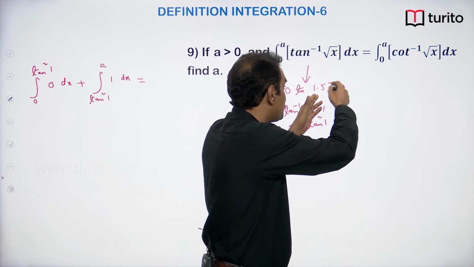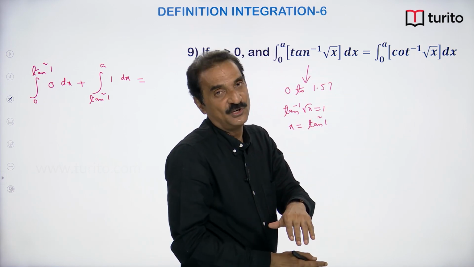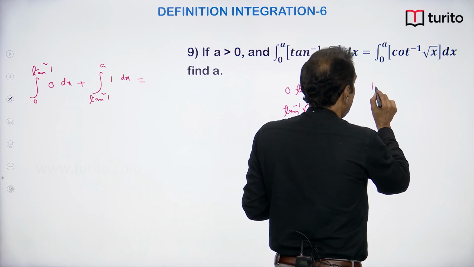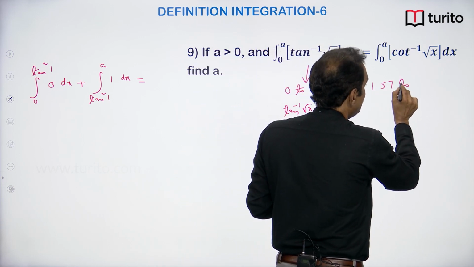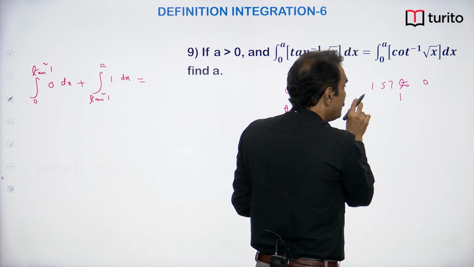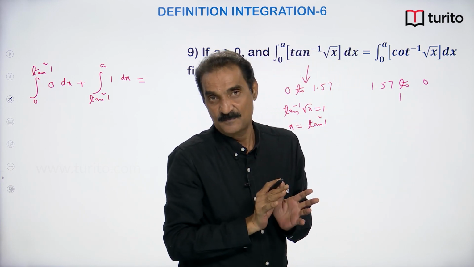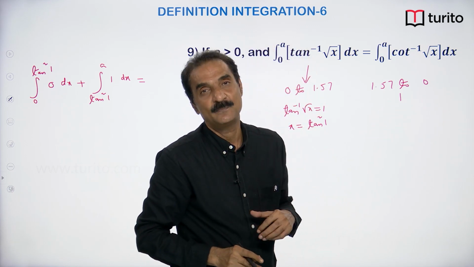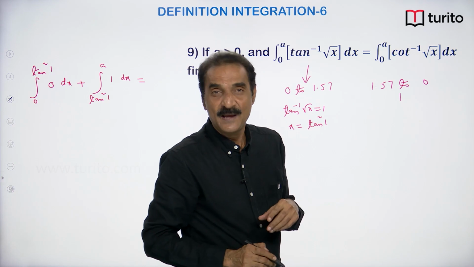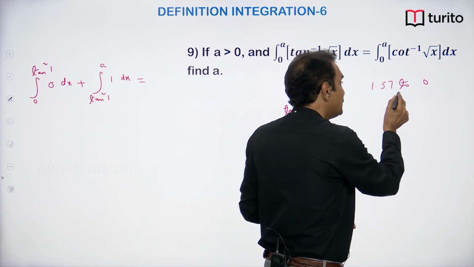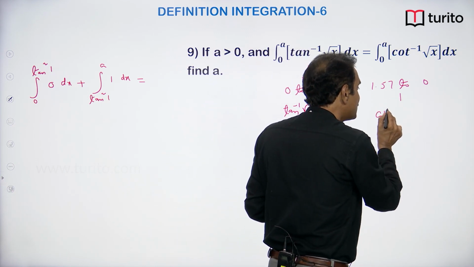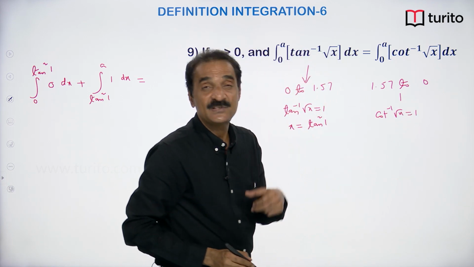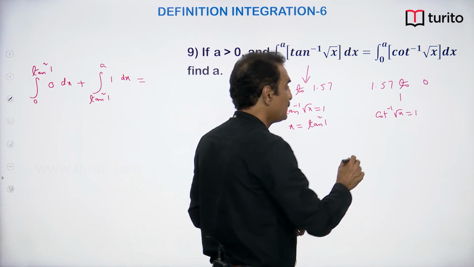So it decreases from pi by 2 to 0, that is, it decreases from 1.57 to 0. From 1.57 to 1, the integral part is 1. From 1 to 0, the integral part is 0. Here also we have to break this integral at cot inverse root x is equal to 1. If cot inverse root x is 1, what is x? Cot square 1.